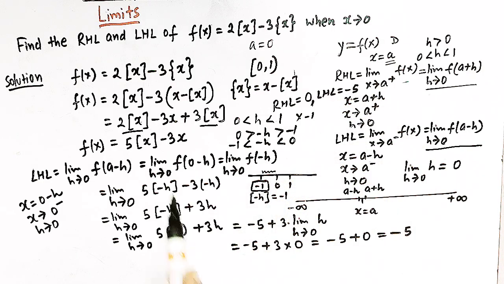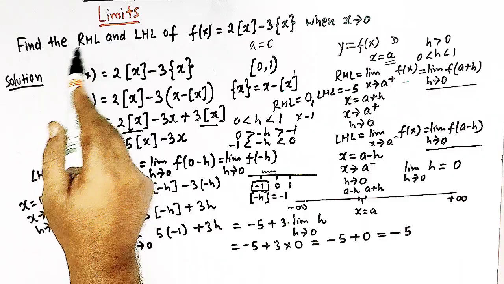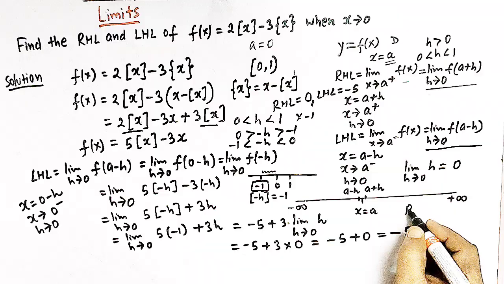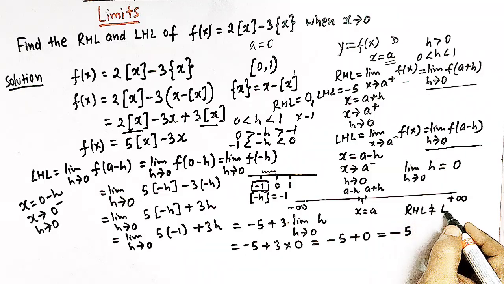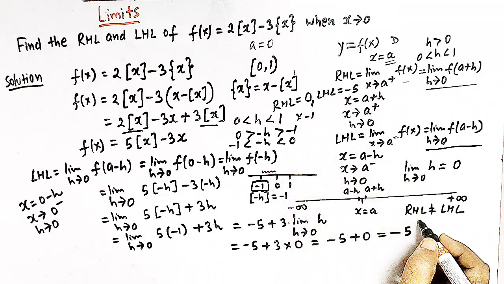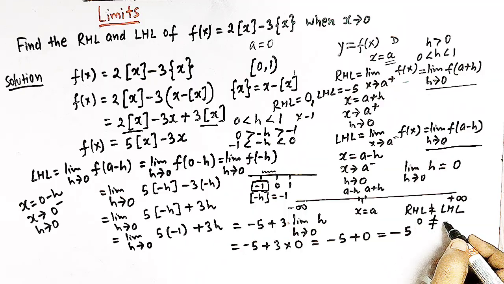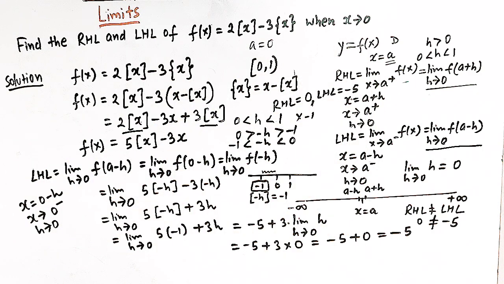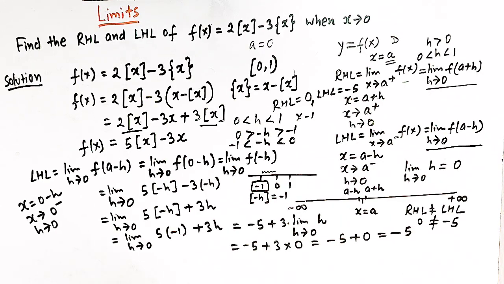So we see that the right hand limit and the left hand limit are not equal to each other, as 0 is not equal to -5. So the limit of this function when x approaches 0 does not exist, because for the existence of the limit of a function at a given point, the right hand limit and the left hand limit both should exist.